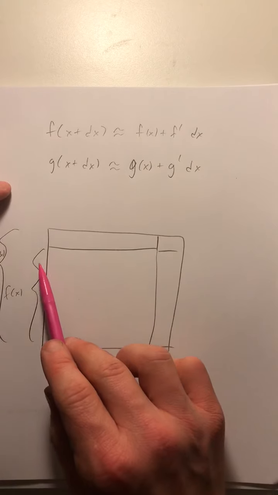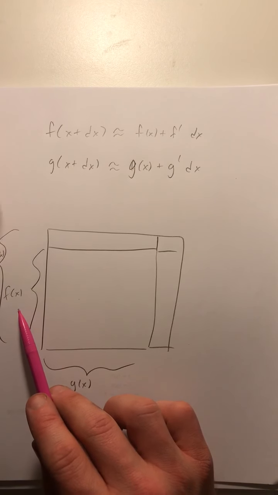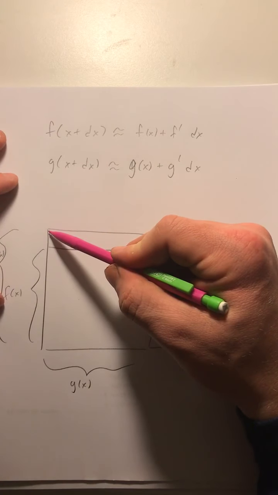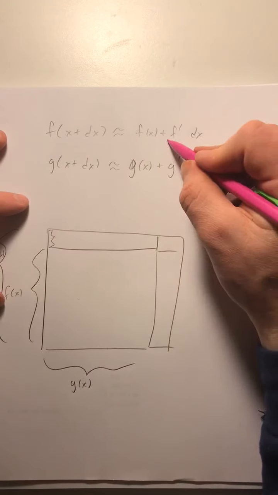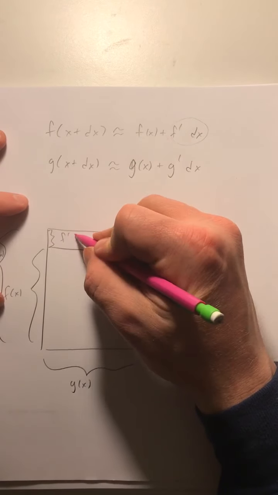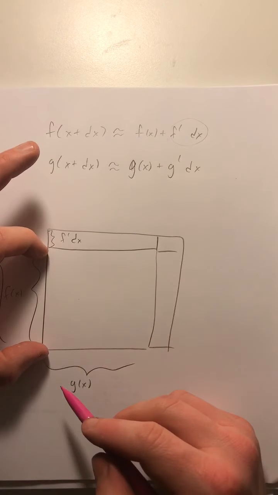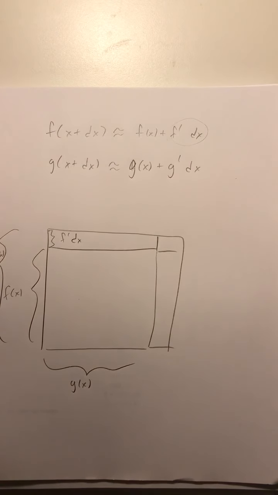So this length represents the original value of f of x, and I change the input by a little bit, and that changes the output by a little bit, by this small change. Right? So that small change is this part, f prime dx. Okay, so here's f of x. I change the input by a little, and the output changes by a little. This f prime dx is approximately the change.